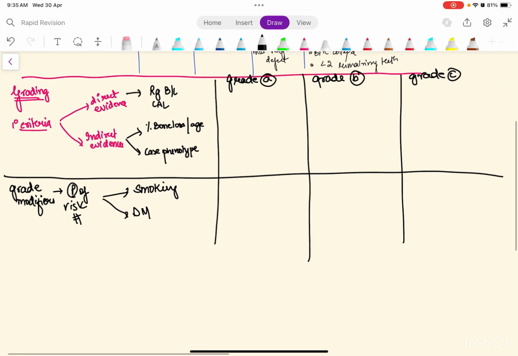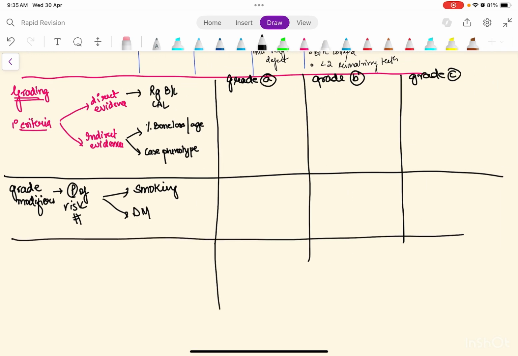Then the third component that you have to think about is the risk of systemic impact of periodontitis.